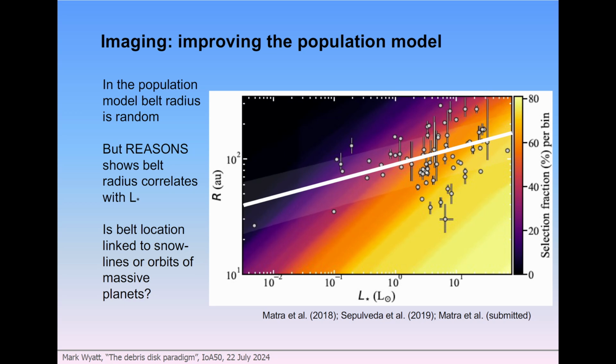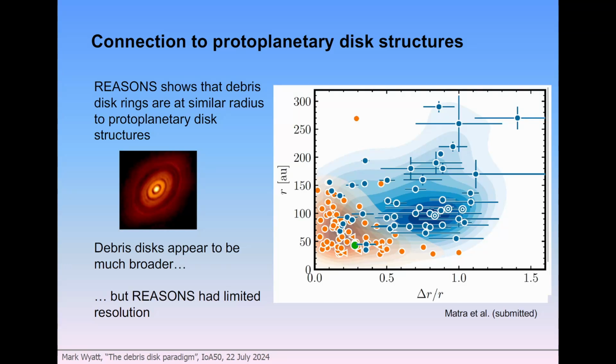And this begs the question of how the location at which planetesimals form, where these debris disks are seen, connects to the structures we see in protoplanetary disks. Because as Fazana was showing us, we see all these very high resolution structures in disks. The protoplanetary disks are broad, but they're broken up into multiple narrow rings.